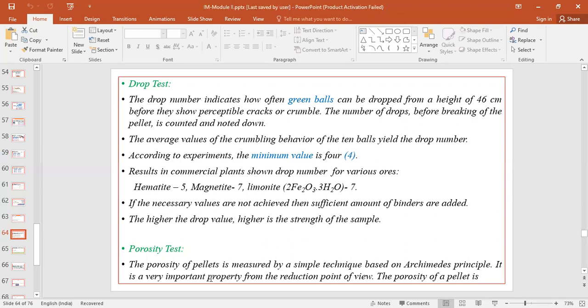And because of this property only we are actually using 85% agglomerates in the blast furnace, so that the porosity of these products helps in enhancing the rate of reduction reactions inside the blast furnace.